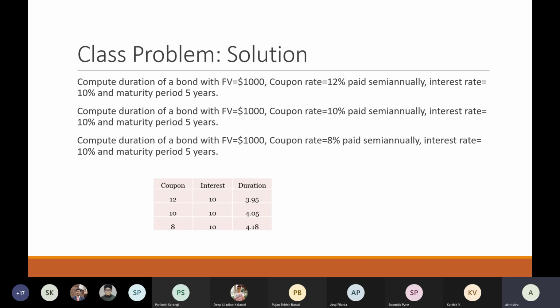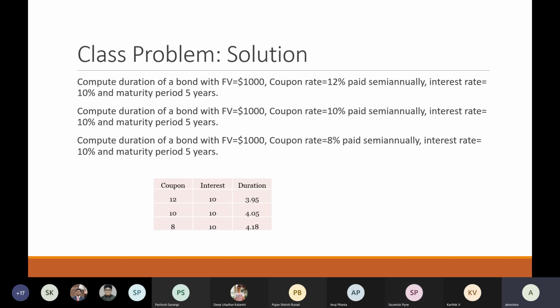Your observation is very correct. Assuming that your required rate of return or interest rate is constant, increase in coupon reduces the duration. Basically, increase in coupon reduces the time required to recover your investment.